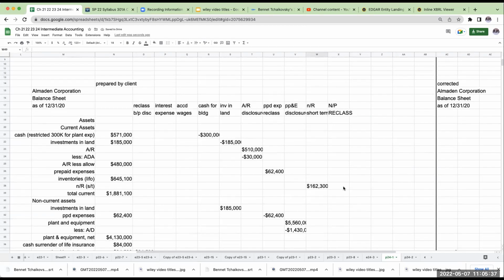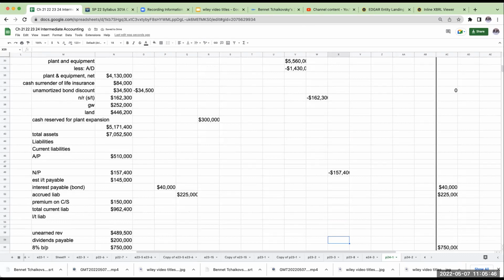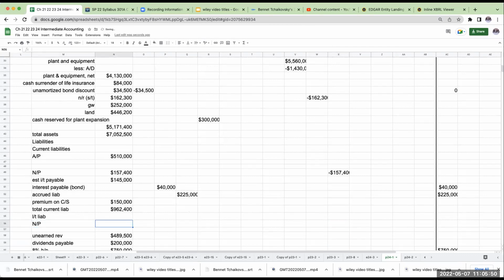So your notes payable reclassification is going to be, and this needs to go down to notes payable. And again, I show this in the order of liquidity, or basically when is the most current one due, but I don't have that information.